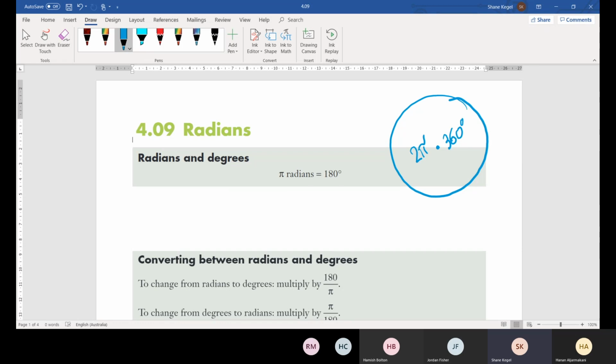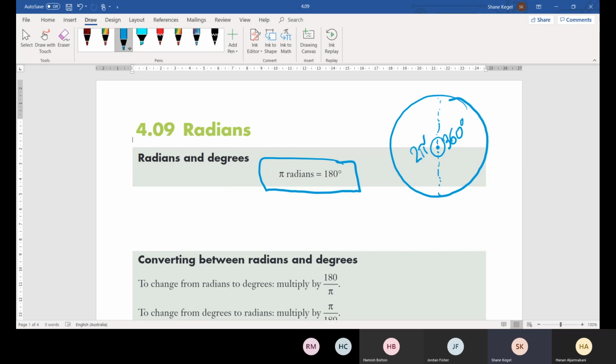So effectively, if 2 pi equals 360, that must mean that half a circle, or 180 degrees, equals pi. So 2 pi gives us your revolution, and 1 pi radian is the same as 180.